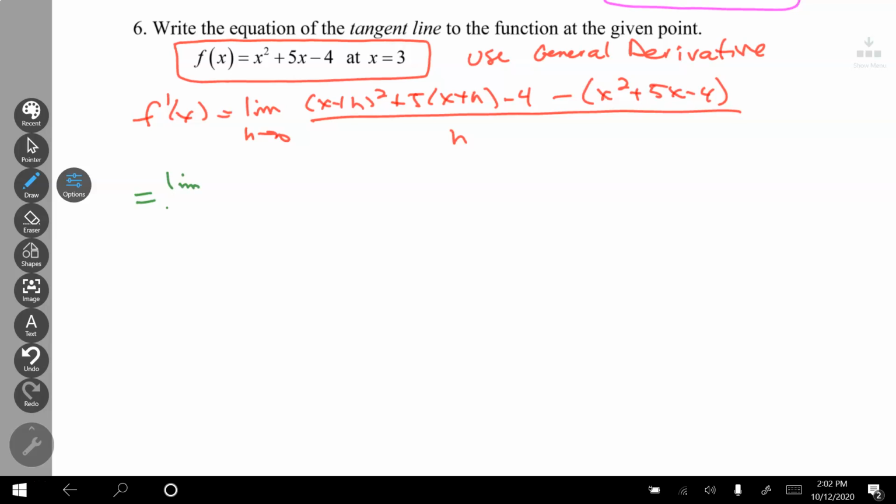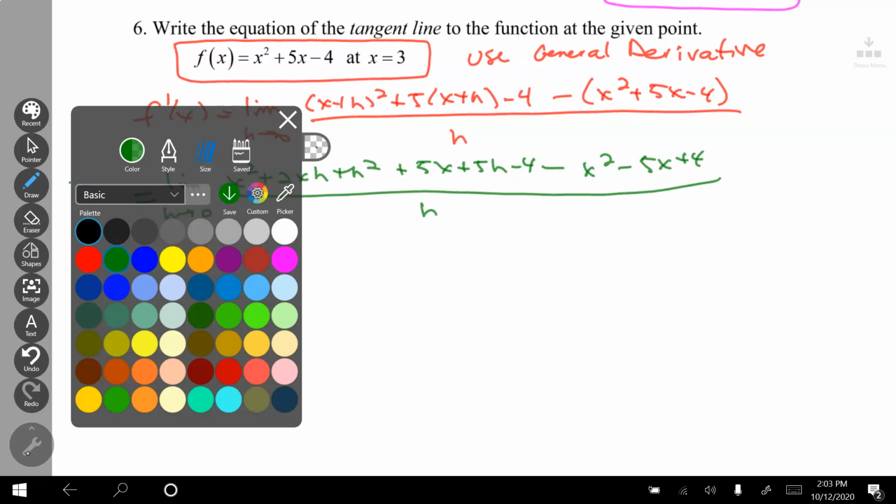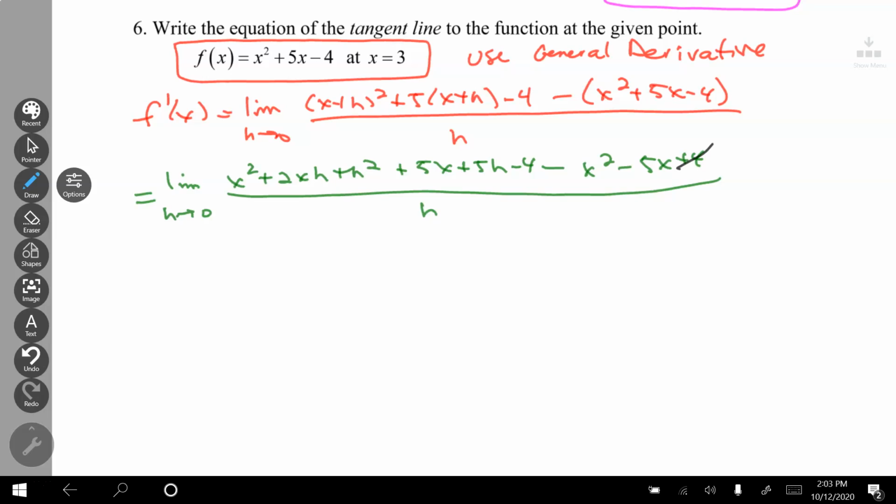I can expand this guy out. The limit as h goes to 0, x squared plus 2xh plus h squared plus 5x plus 5h minus 4 minus the original function, all over h. I get these last terms all have buddies, they don't have x's in them.